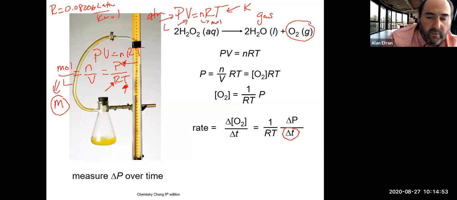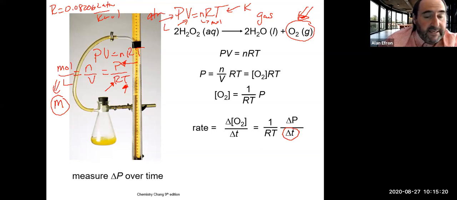This works really well because in this particular reaction, the only thing that is a gas is the O2, which is on our product side, which means the only way we could get pressure is if we start producing this gas. And because of that, we can relate it to how it is changing over a period of time.